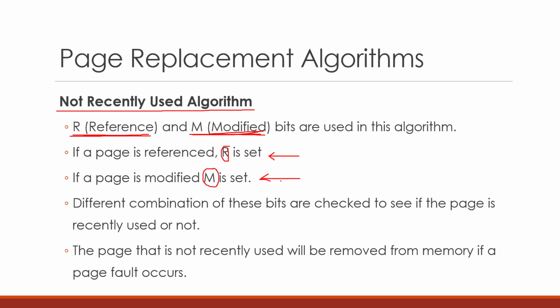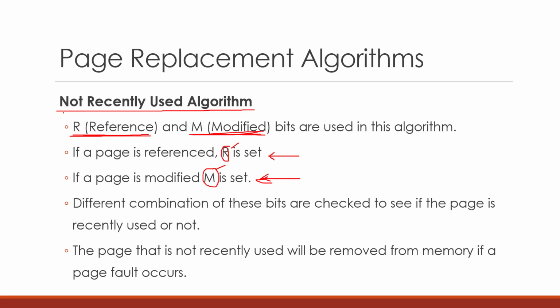It means they might be referenced in future as well, because they were recently modified or referenced; there is a good chance they might be referenced again. Based on these bits, we get to know whether a page has recently been used or not. If it's not used, these bits are expected to be zeros, and if referenced, they are expected to be ones.